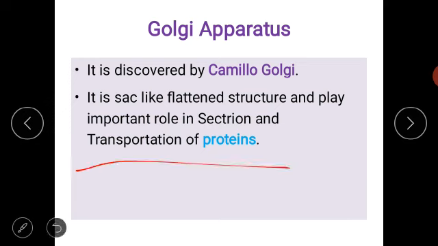Secretion and transportation of biomolecules is done by the Golgi apparatus, for transporting biomolecules from one place to another inside the cell.